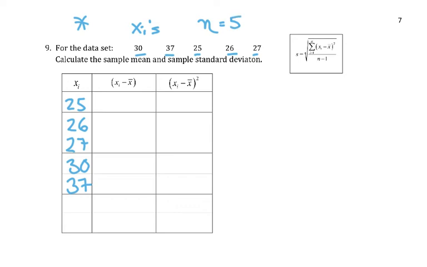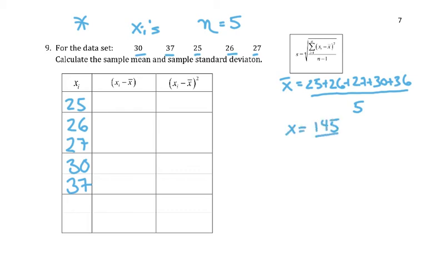First thing we need is the mean. So you add these all up and divide by 5. See what you get. I got 145 divided by 5.